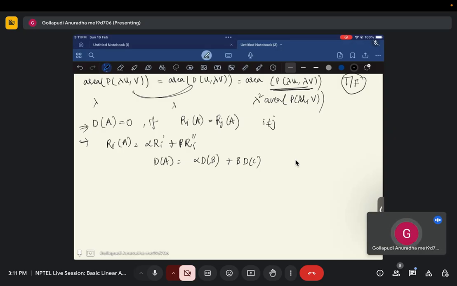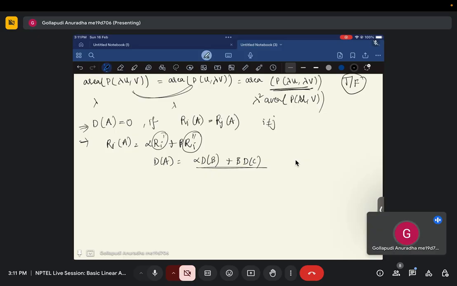So what I mean to say is, if you can express a row in a matrix as a linear combination of two different rows, then you can express the determinant also as a linear combination.